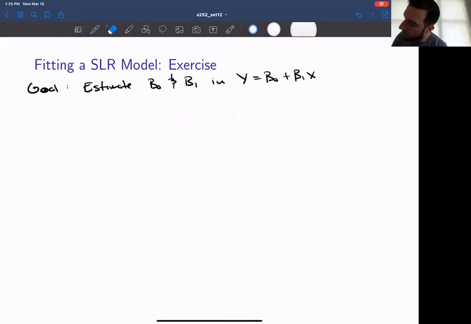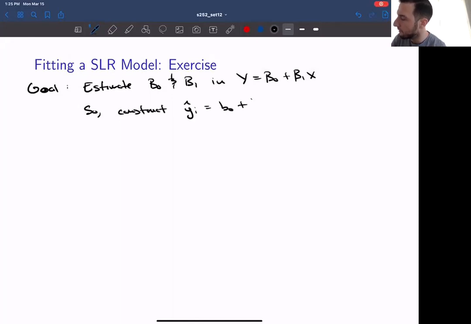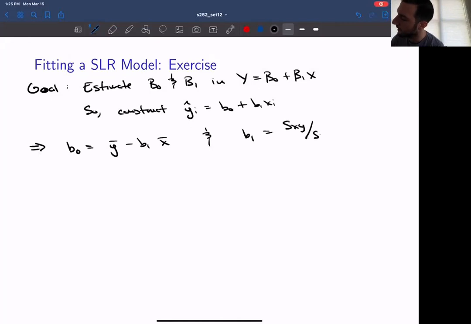So we construct yi hat equals B0 plus B1 xi. To do this, we have B0 equals y bar minus B1 x bar, and B1 equals SXY over SXX.